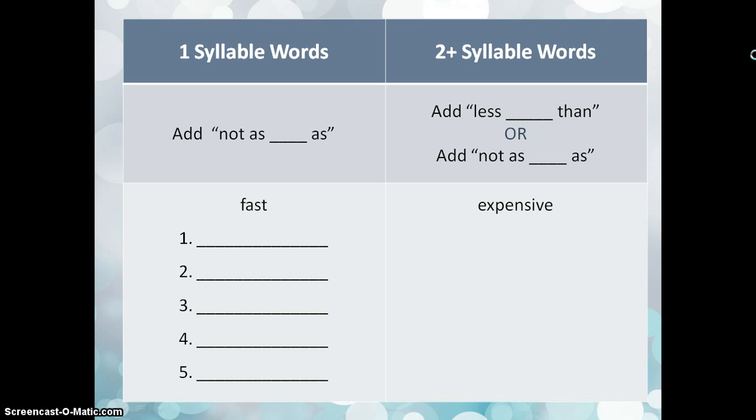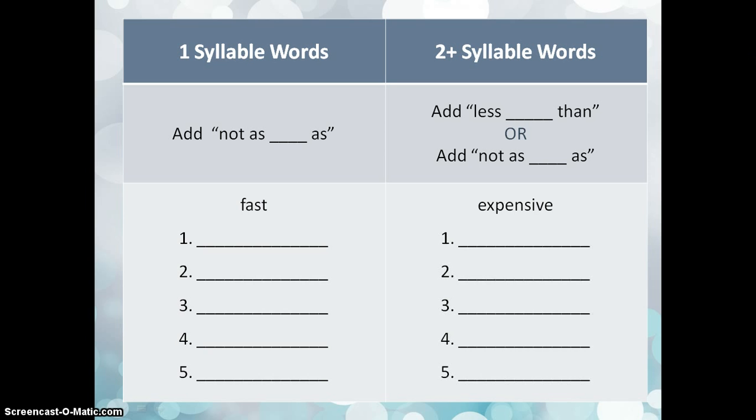You can add that as number 1. And think of 4 more after that. I also want you to add 5 2+ syllable adjectives. Another hint would be the word beautiful, right? Go ahead and pause the video so that you can make your list.